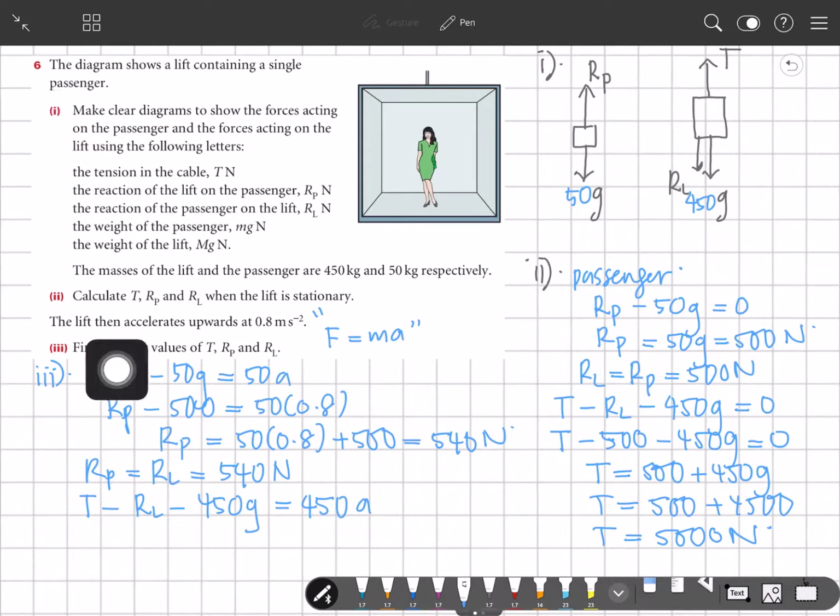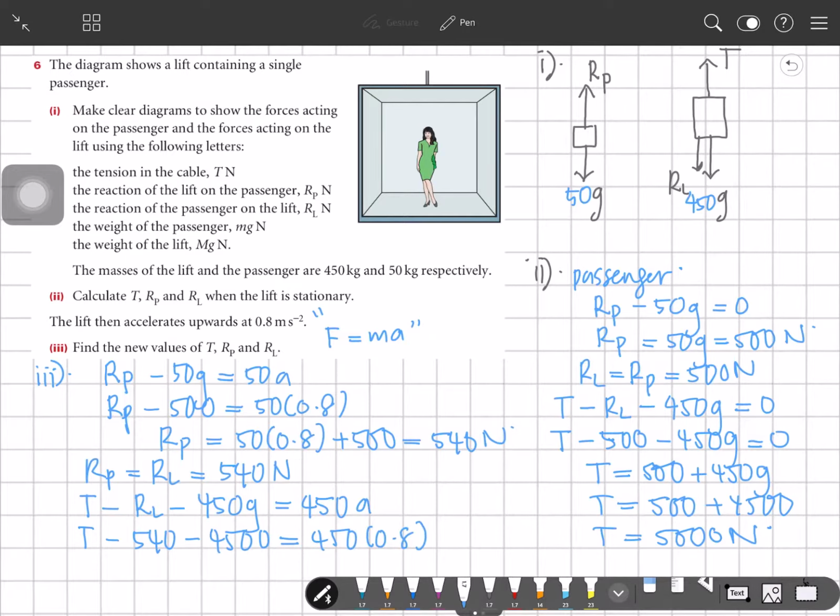So just substitute the values that we have just now. R of L is 540, and the value of acceleration is 0.8. So T minus 540 Newton minus 4,500 Newton equal to 450 multiplied by 0.8.